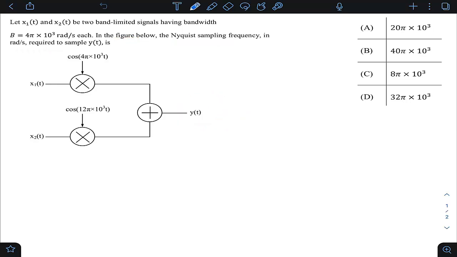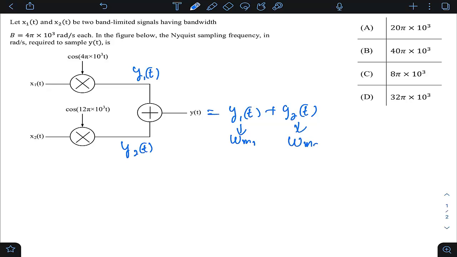Let us assume that this is your y1(t) and this is your y2(t). So y(t) equals y1(t) plus y2(t). Suppose the maximum frequency of y1(t) is omega m1 and that of y2(t) is omega m2.